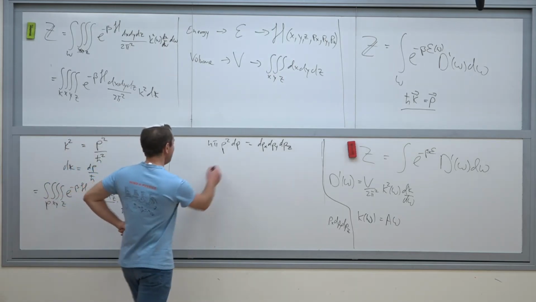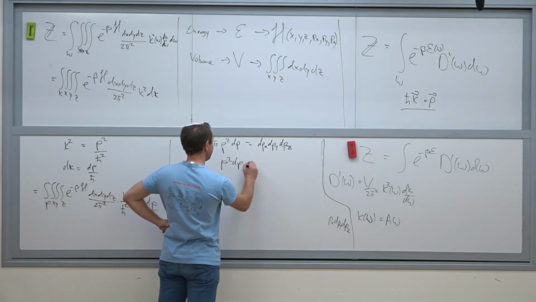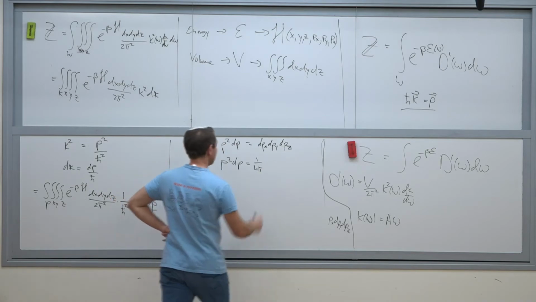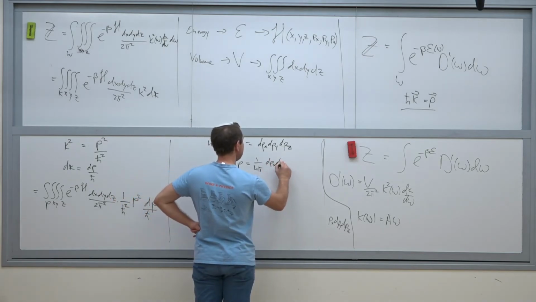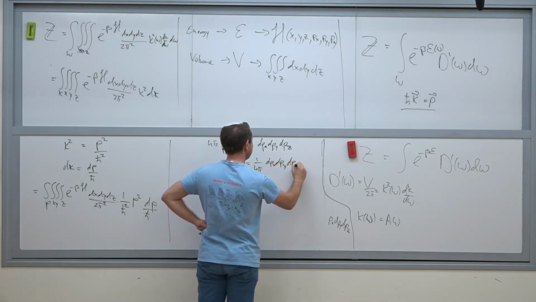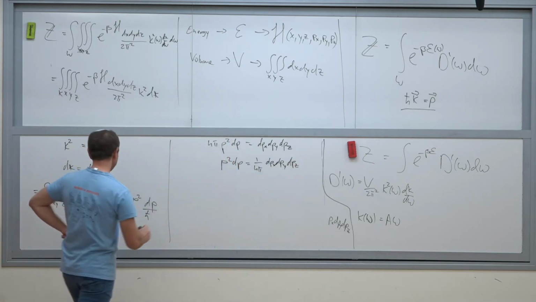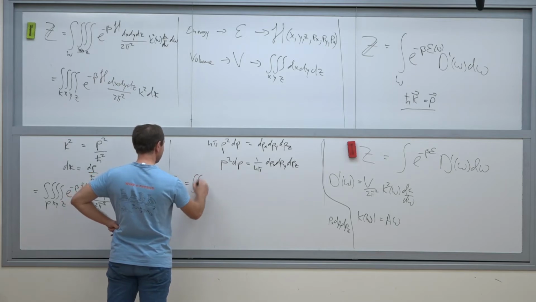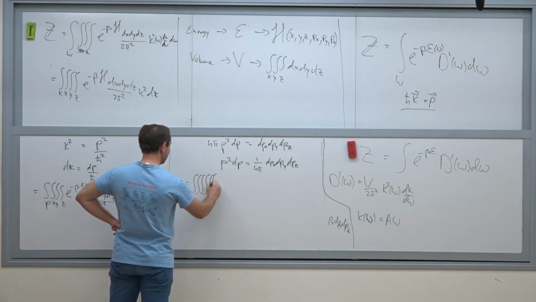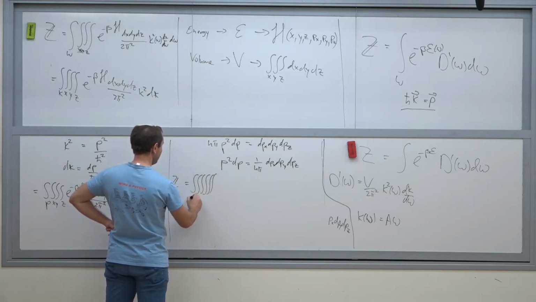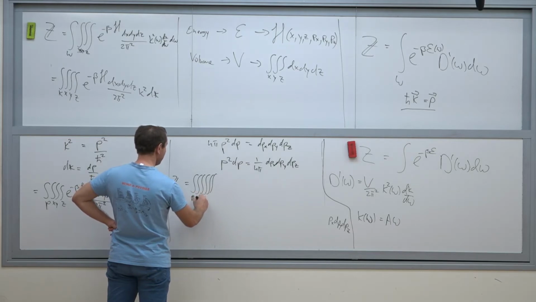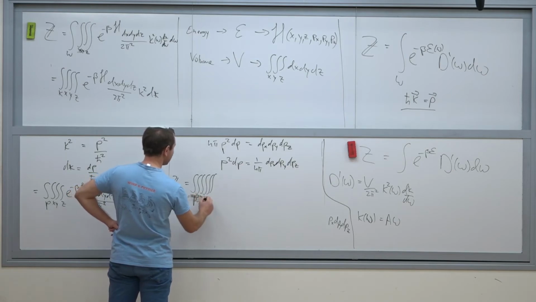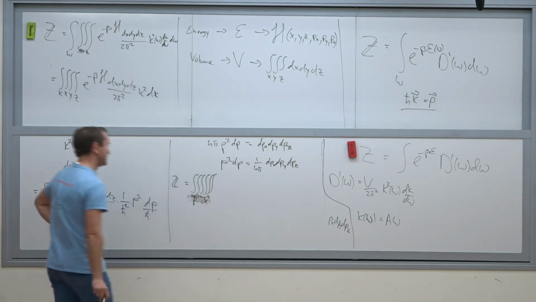Okay. So p squared dp equals 1 over 4 pi dpx, dpy, and dpz. And we eventually obtain that z is an integral, well, there are 6 integrals, of px, py, pz. So it's an integral over p, an integral over x.